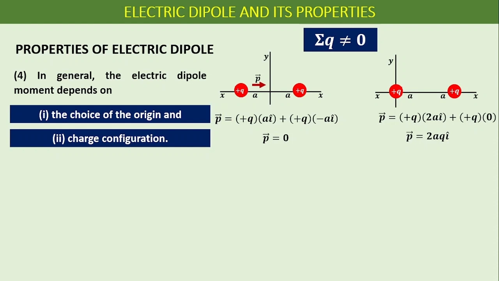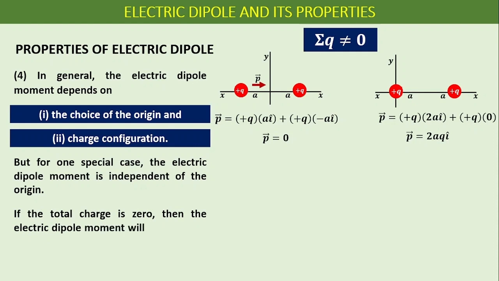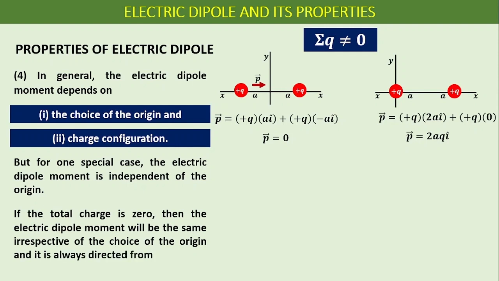It's because of the choice of the origin. But for one special case, the dipole moment is independent of the choice of origin. If the total charge is 0, then the electric dipole moment will be the same irrespective of the choice of the origin. And it is always directed from minus q to plus q.